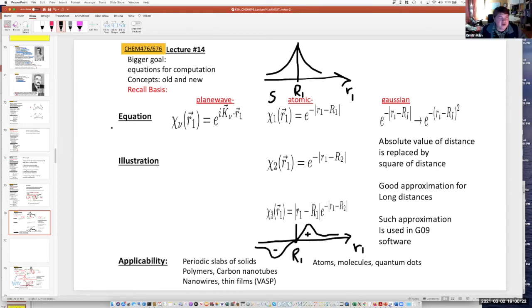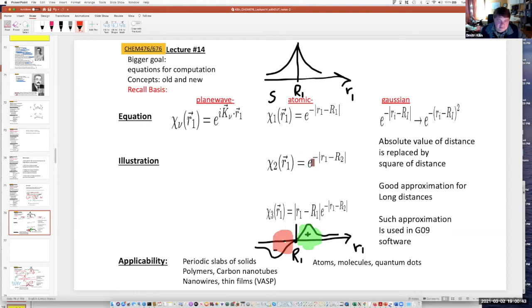It is a one-dimensional representation of what you have seen, like p orbitals on oxygen, when we were drawing orbitals, plus and minus.